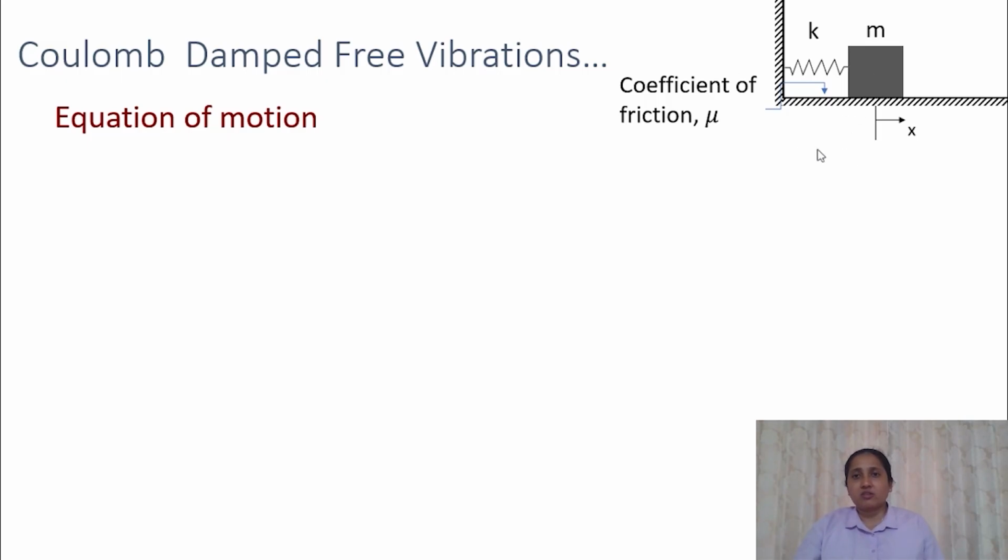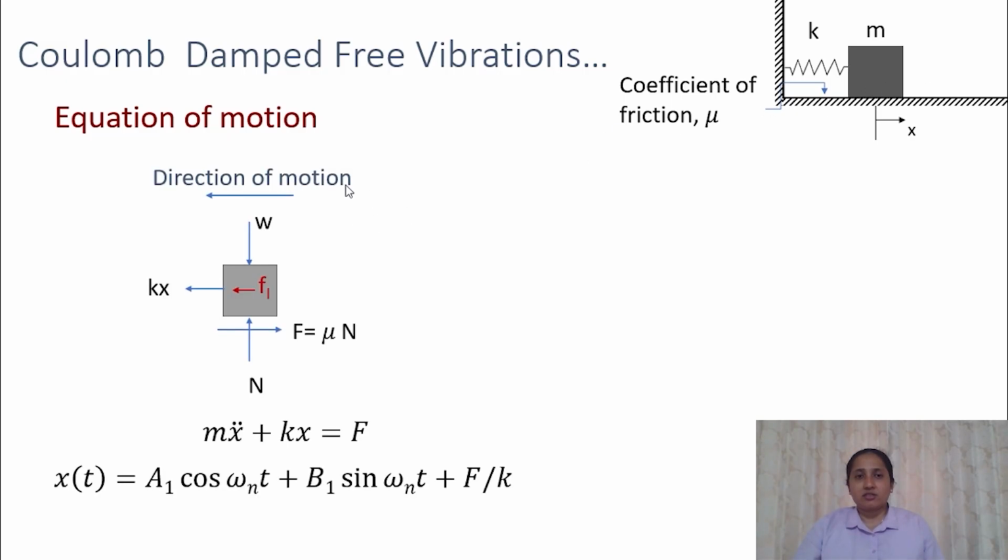To calculate the frictional force, it depends upon the movement of this mass. If the direction of motion of this mass is towards the left, we have the spring force and inertia force in this direction, weight acting in the downward direction, and the normal reaction to the weight acting in the opposite vertical direction. When the motion is in this direction, the frictional force will be in the opposite direction.